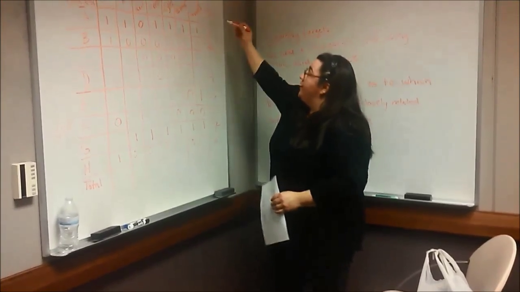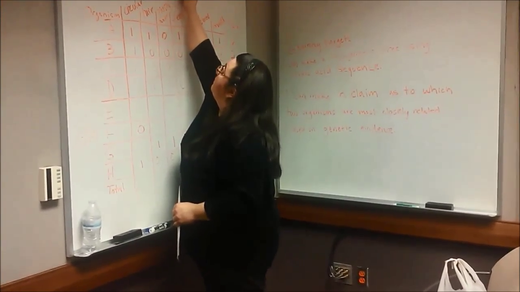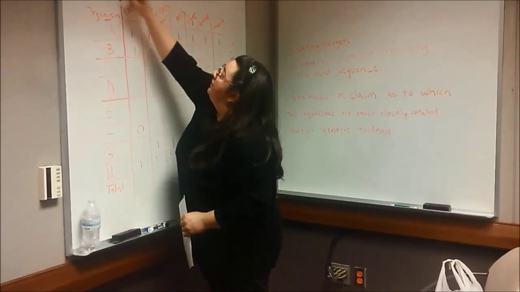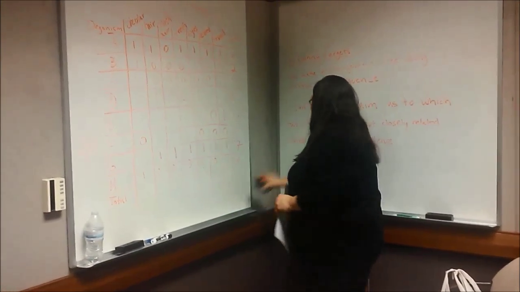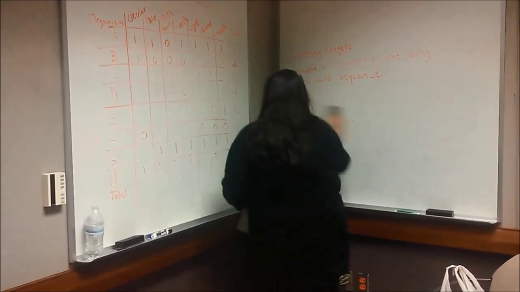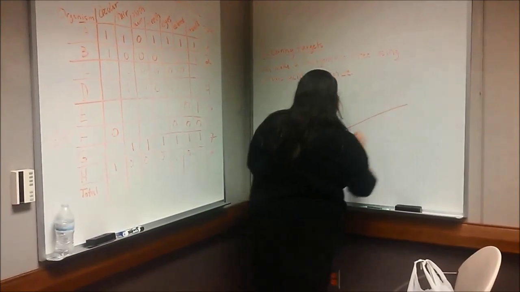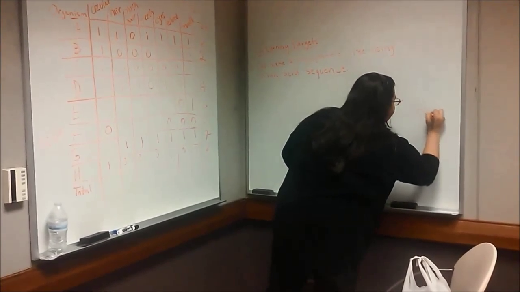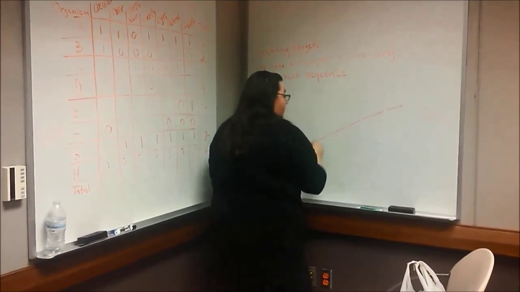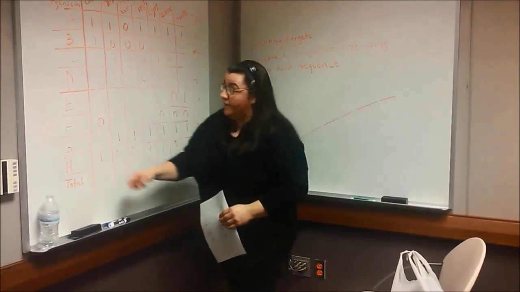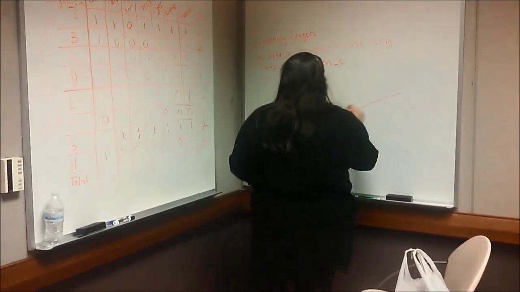So right here, these are our traits. What we learned a couple days ago is that the traits on our phylogenetic tree go along the diagonal, and our organisms go along the top.